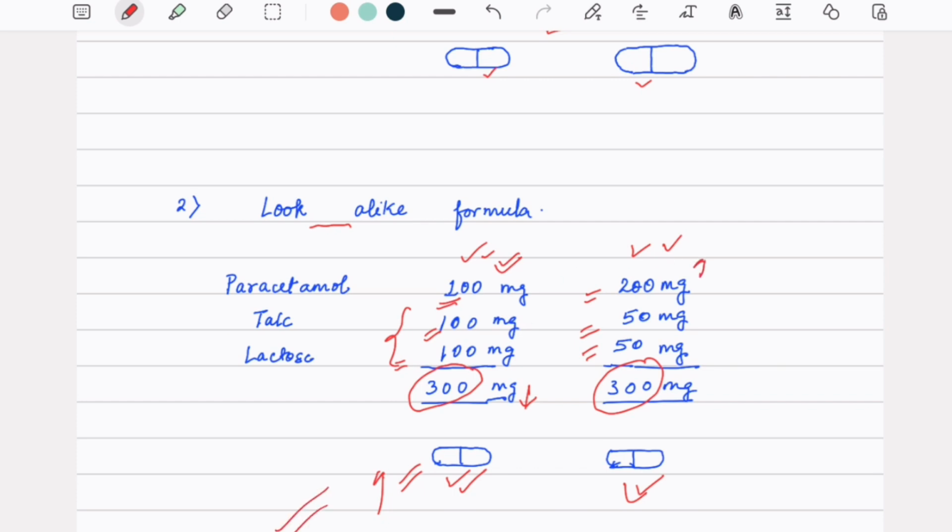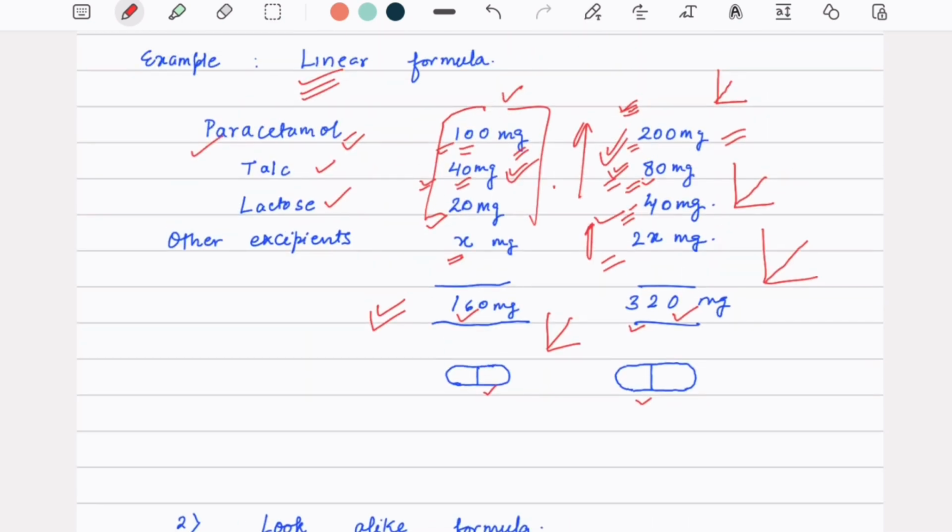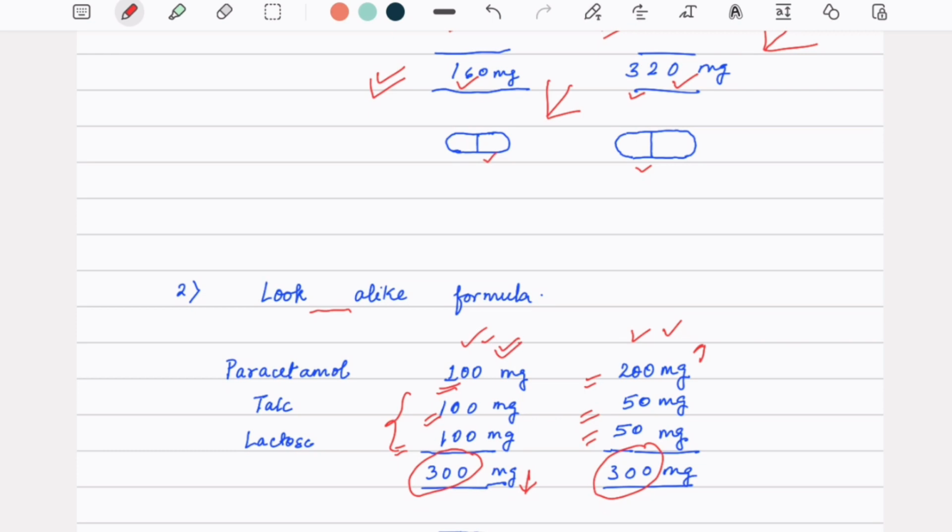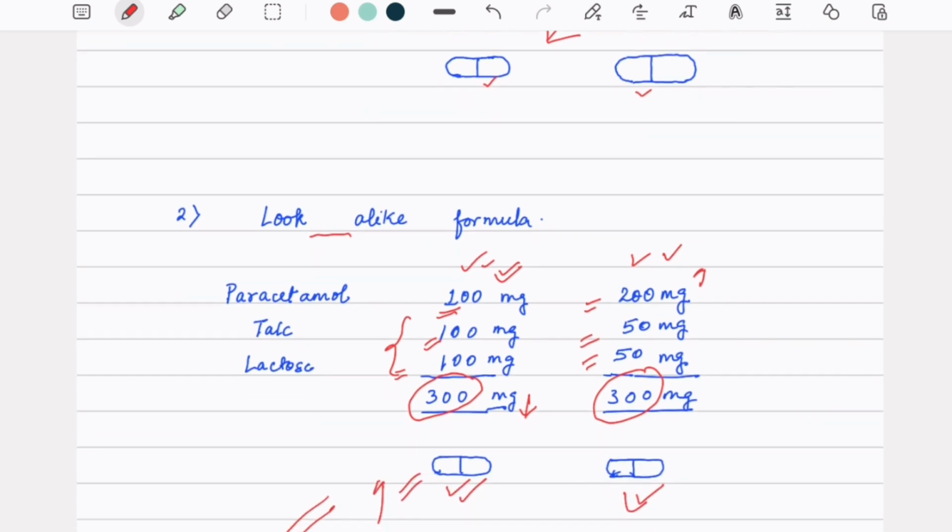So it is very clear that whatever your formula is, whether it is a linear formula or the look-alike formula, the strength of any drug which has more placebo will face more challenges in terms of extraction issues and other challenges. We call it the worst case, and the validation study is performed on that strength.